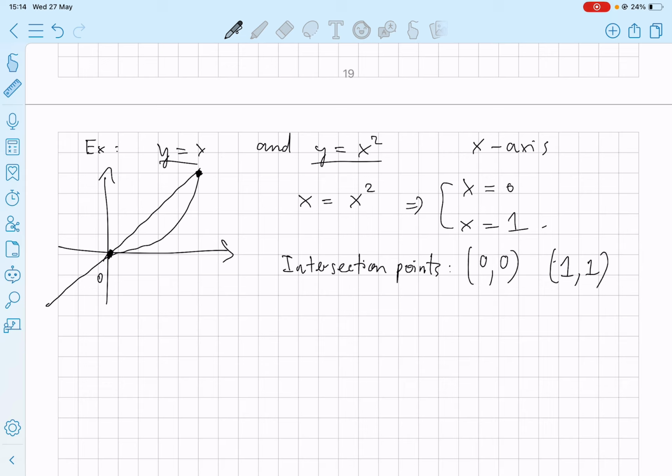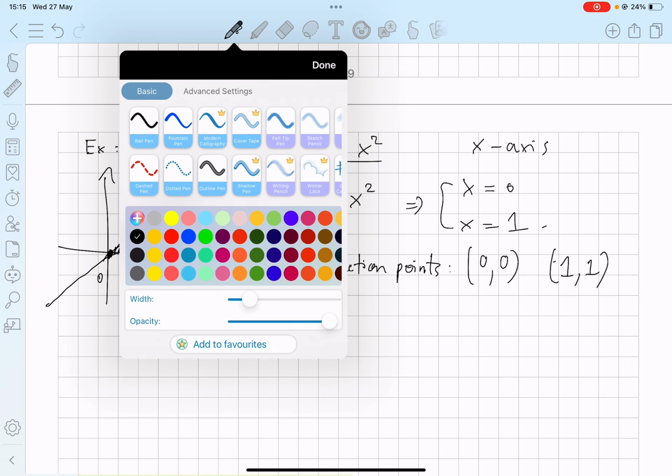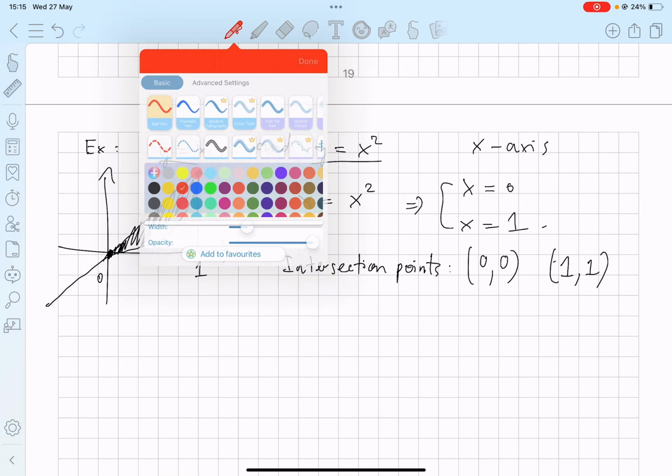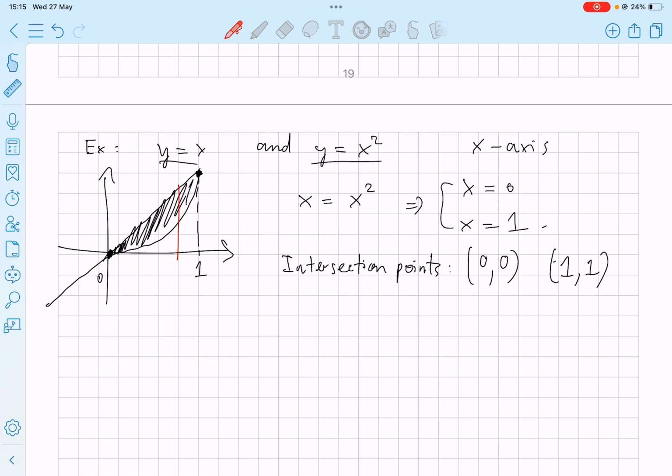So this is 0 and this is 1. Now we have to find which is the outer radius and which is the inner radius. This is really easy. The outer is the longer, so outer is this one, and inner will be this one.